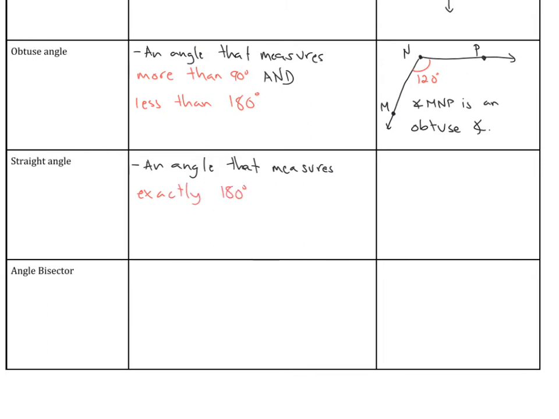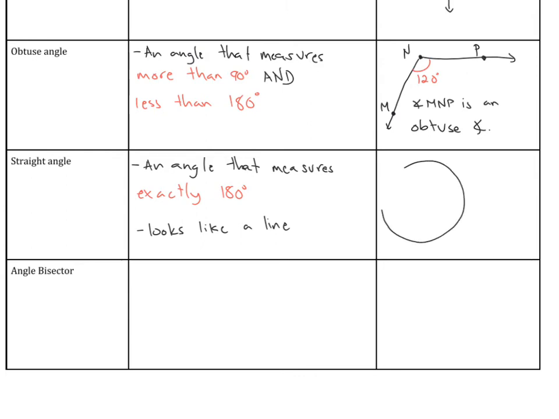Okay. Now, this looks like a line, but again, keep in mind that angles measure rotation. And here's what I mean. Let's say that I have hands of a clock, right?